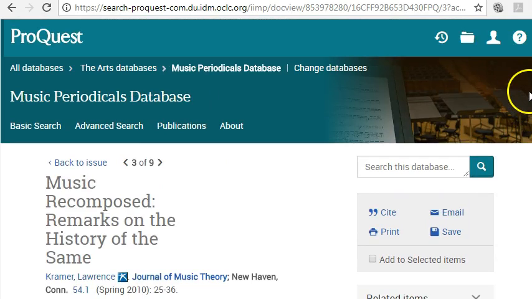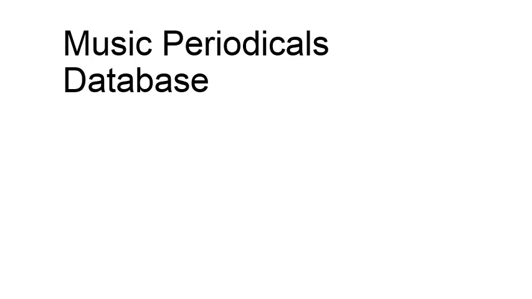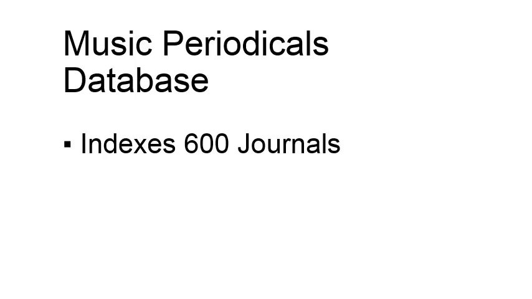Music Periodicals database indexes about 600 journal titles, with partial full-text access to around 220 of those titles.